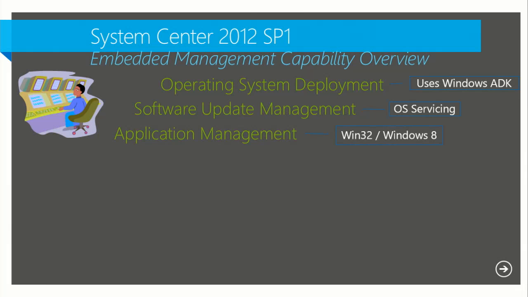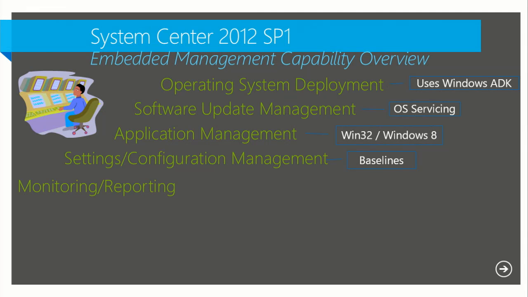Application management supports Win32 and Windows 8 applications management. Settings and configuration management using baselines, just like the regular desktop operating system. And there's monitoring and reporting for embedded devices as well for health and compliance monitoring. And there's support for endpoint protection too.